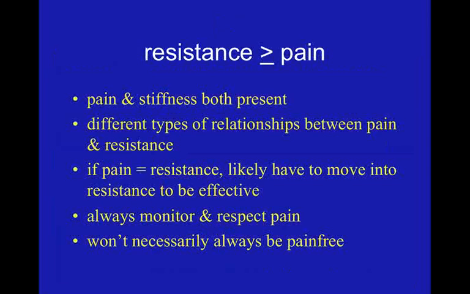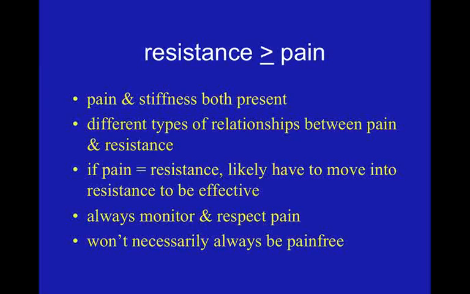So now let's move to the patient where resistance is greater than or equal to the pain. So now both pain and stiffness are present, but the pain isn't just the predominant factor. So there can be different types of relationships between the pain and the resistance. If pain is equal to the resistance, then you'll likely have to move a little bit into that resistance in order to be effective.